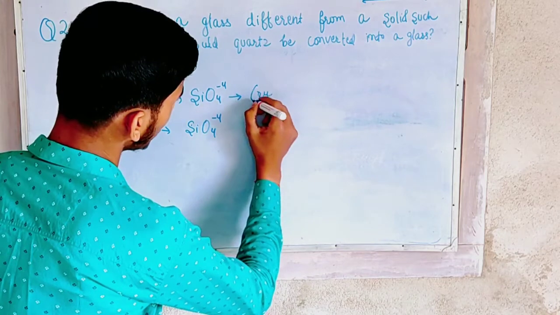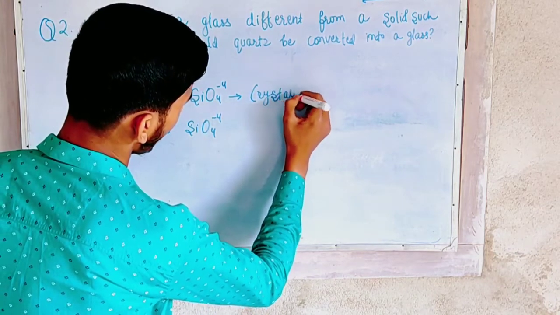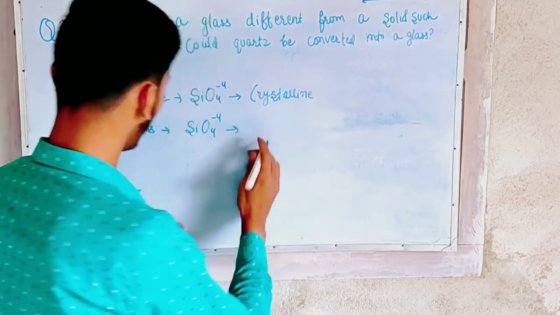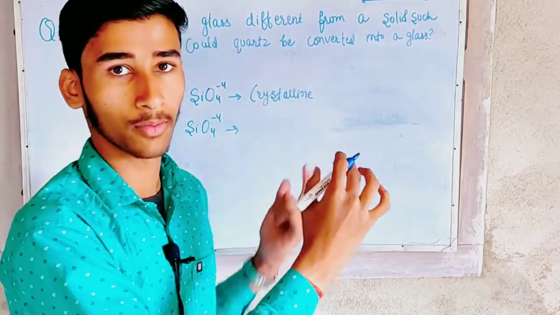Quartz is a crystalline solid, but glass is amorphous. How is it different from quartz?